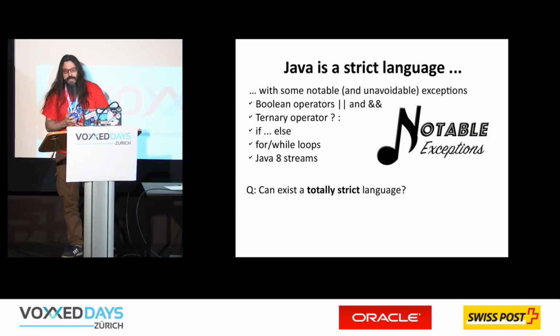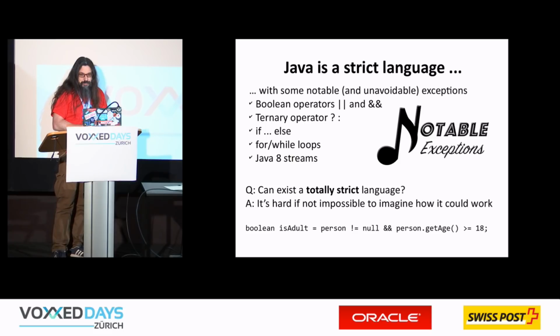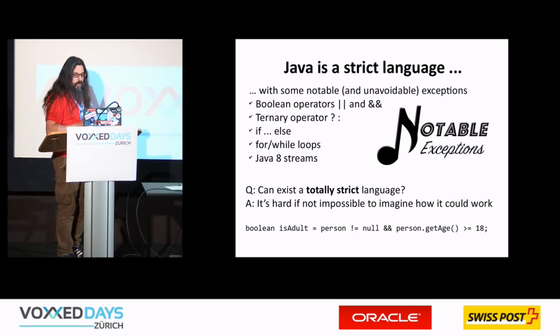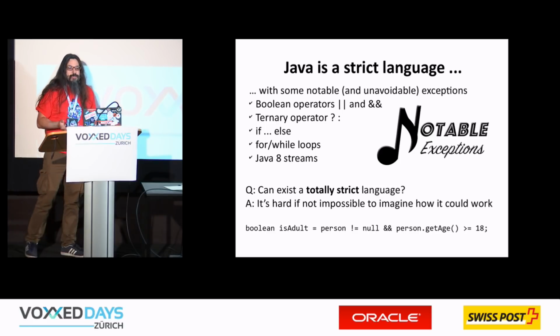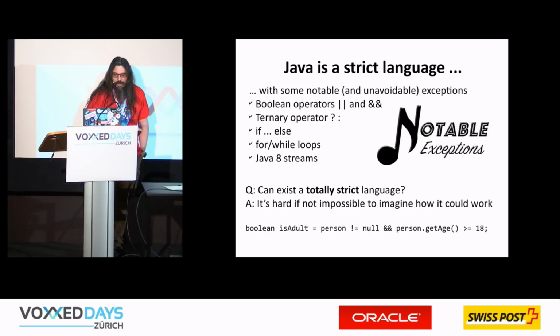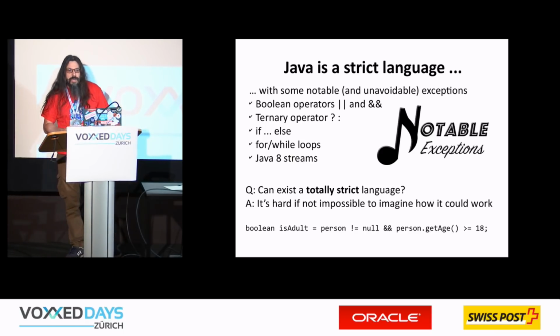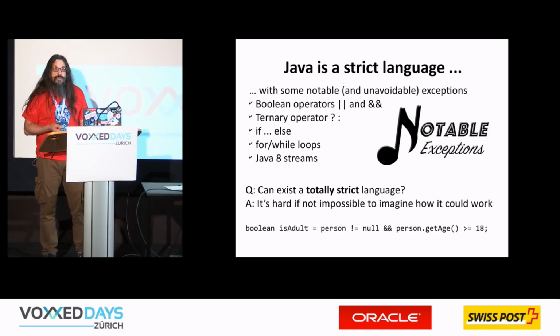But the question is, can a totally strict language exist? I believe it cannot. If you didn't have the shortcut AND in Java, this statement would fail with a null pointer exception in case the person is null, because both the left and right predicates of the condition would be evaluated regardless of whether the first is true or false, and then you would get a null pointer exception on the second.